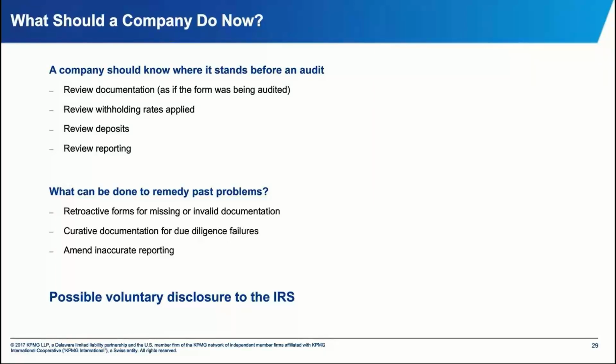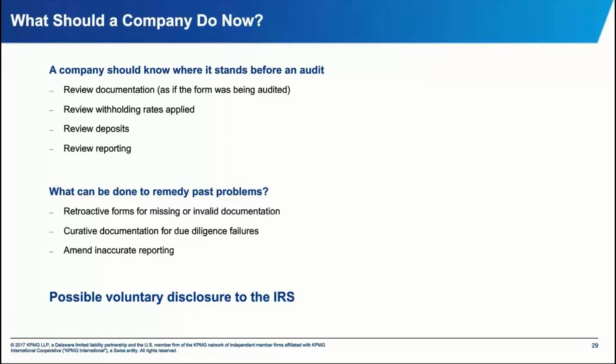If you find you've got some problems, remediate. You can go get the retroactive tax documentation. You can amend your form. And you can also consider a voluntary disclosure. If you determine at the end of the day, I didn't withhold, there's no treaty reduction, it's just 30%, you've got a process in place where you can go in, and it's a quite simple process.